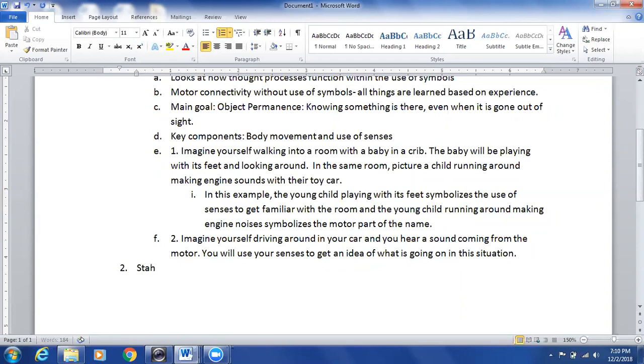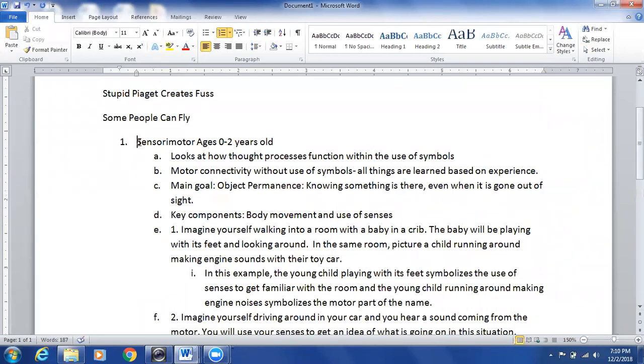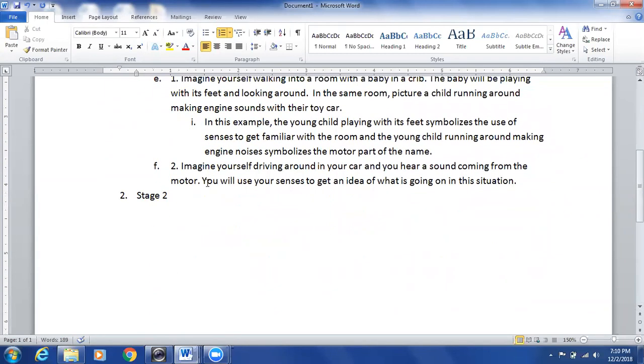So the second stage here, stage 2, and I don't believe I put stage 1, so I'll do that now. Stage 1, sensory motor. Stage 2, pre-operational, and this is ages 2 to 7 years old.